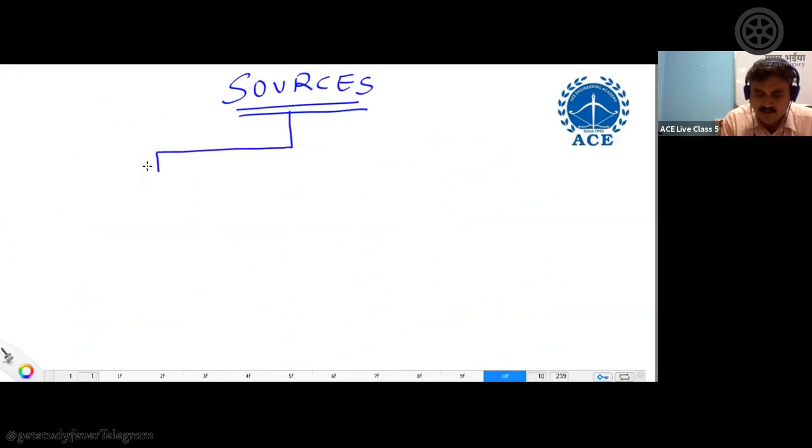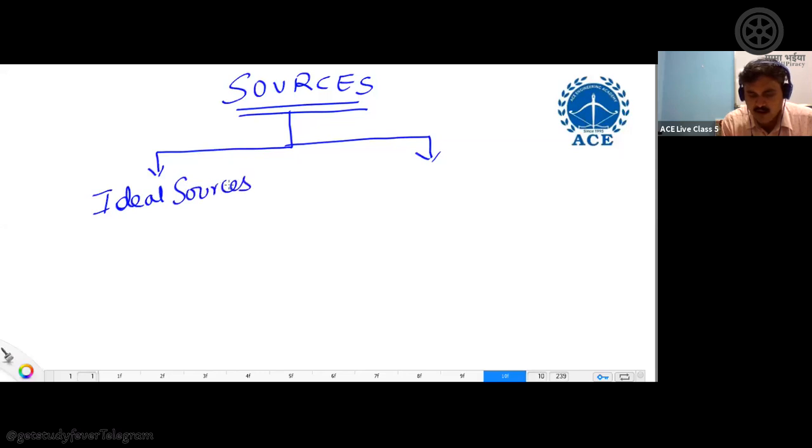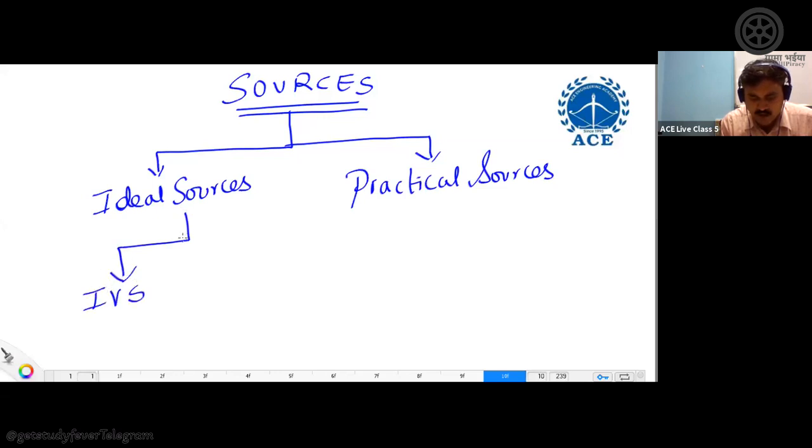Now sources, you have a broad classification into 2 parts. One is called ideal sources and another is called practical sources. Under ideal sources, we have ideal voltage source and ideal current source.